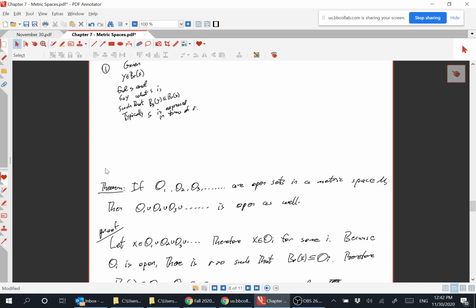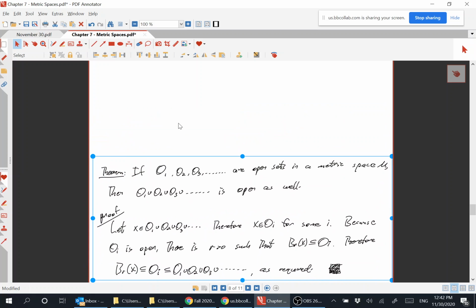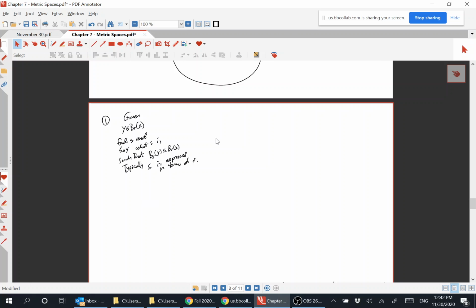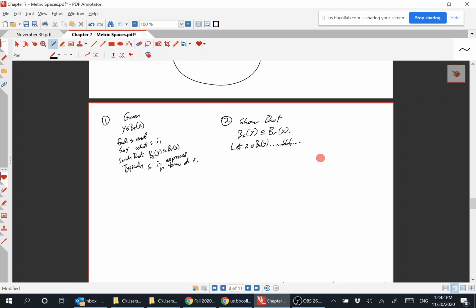I have a question about S. Yeah, one second. Just let me write this stuff down because this is important. Okay, so one, given Y, find S. Typically S is expressed in terms of R. You can't just say S exists. One needs to say what S is. So here, for this second part, show that B_S(Y) is contained in B_R(X).